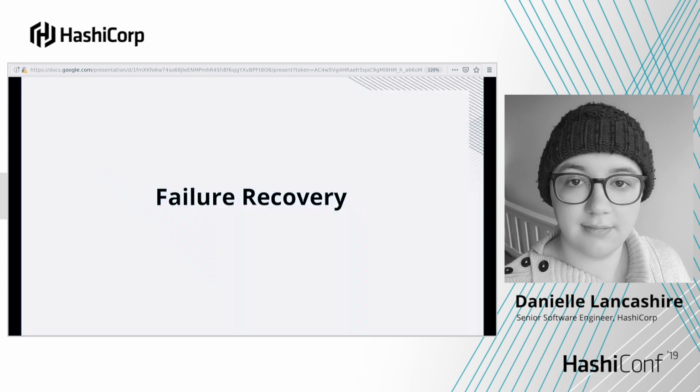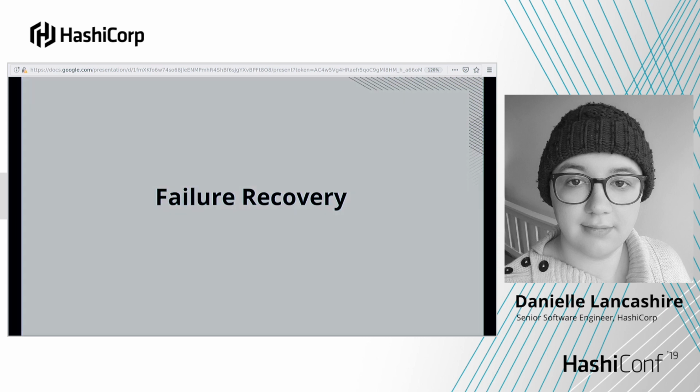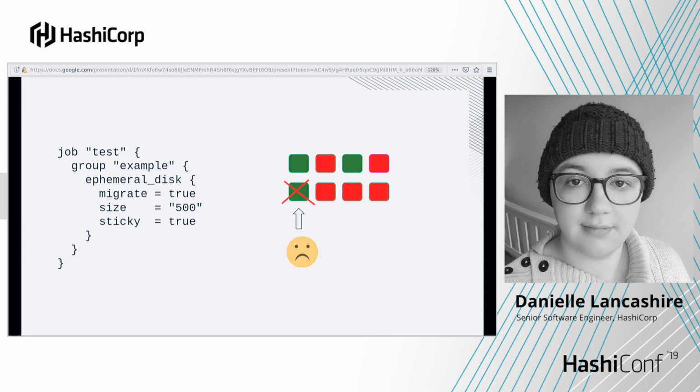And we also can't do anything intelligent about failure recovery if we don't understand your data. When a node managing an allocation fails, Nomad will attempt to reschedule your workload, and then we'll try and copy that data because we'll say, hello, allocation, yes, I want to start you. Where were you running before?